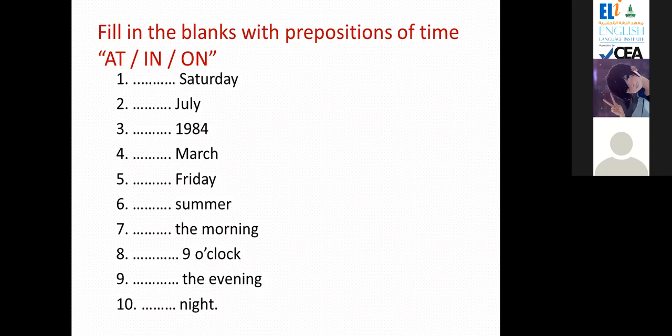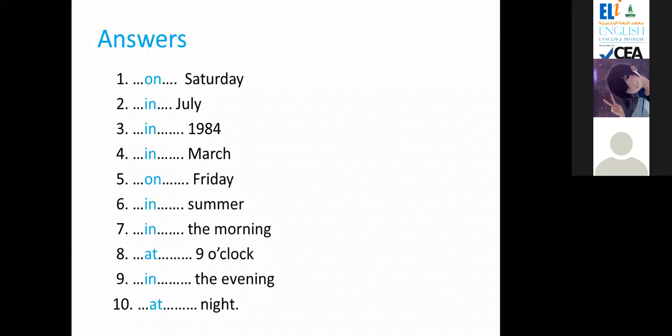So we can say at the weekend. As we see, with days we use on, and with months, dates and seasons we use in. With some expressions like the morning, the afternoon, the evening we use in. Sometimes we use at night, at 9 o'clock.